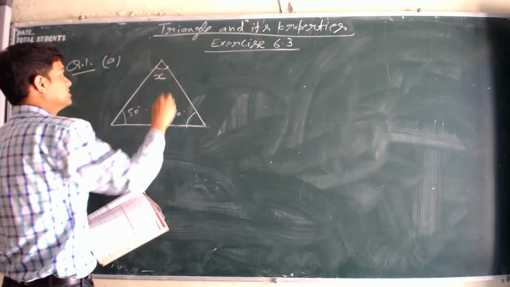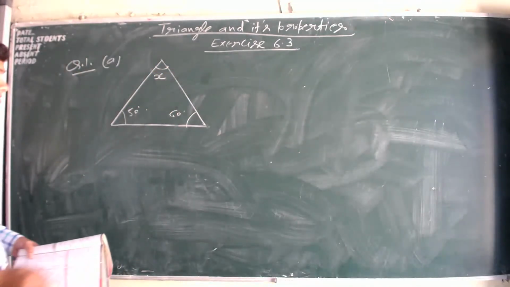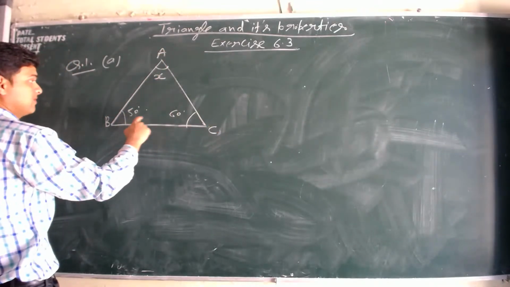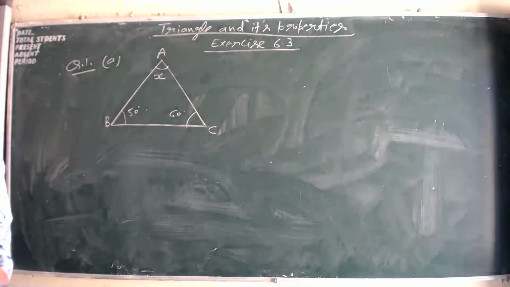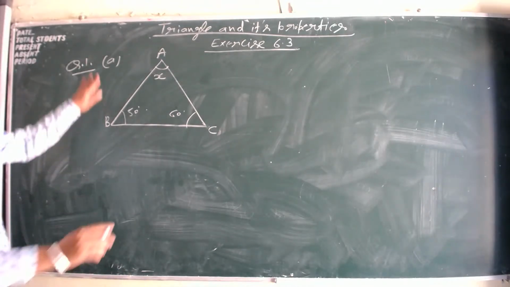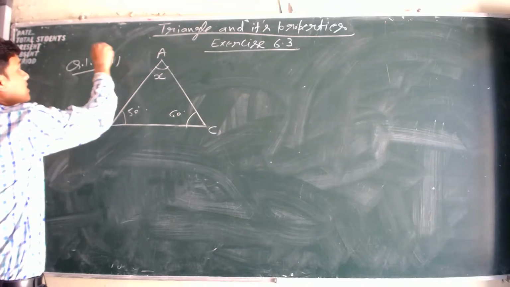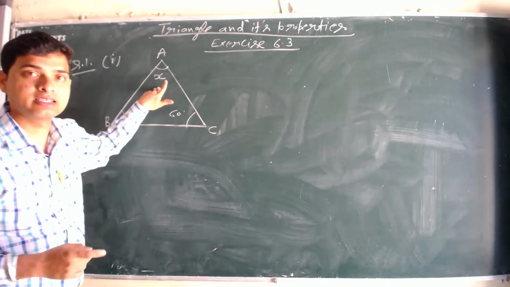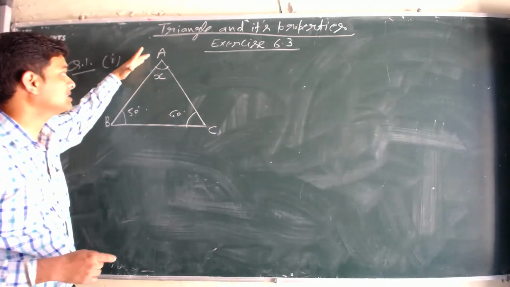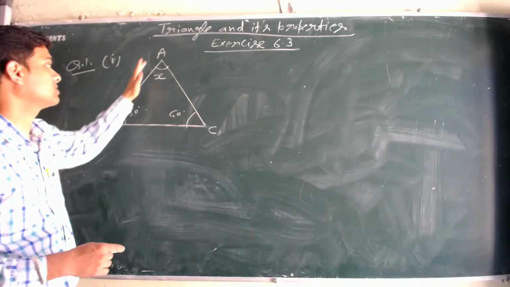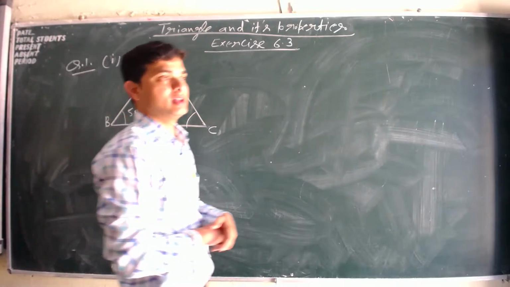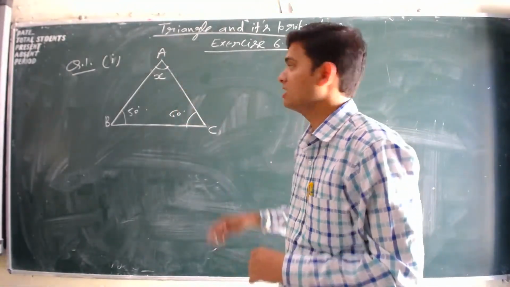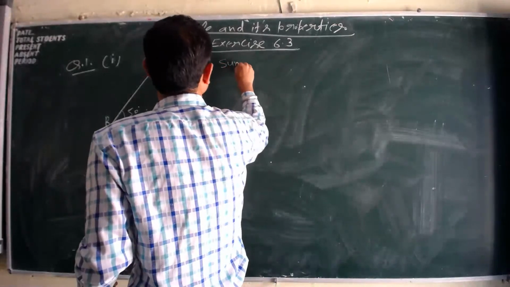We have this figure in the form of a triangle, and the vertices are A, B, C, and the angles are x, 50 degree and 60 degree according to part A. Now we have to calculate the value of angle x. We know that the sum of interior angles in a triangle is equal to 180 degree.